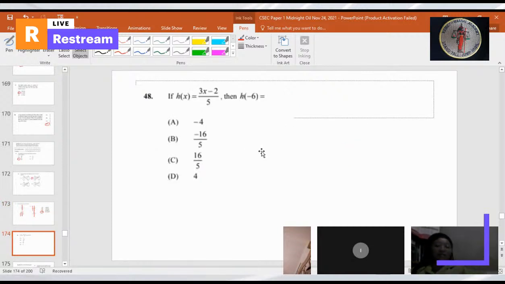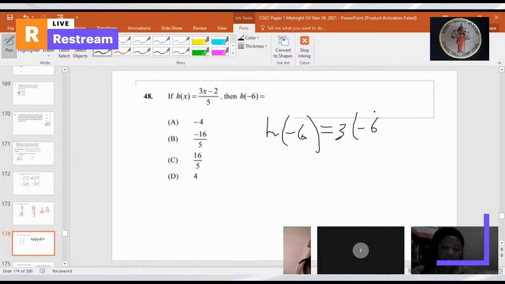Number 48, if h of x is equal to 3x minus 2 over 5, then what's h of negative 6? We're being asked to substitute negative 6 where we see x in the function. So h of negative 6 would be 3 times negative 6, minus 2, over 5. 3 times negative 6 is negative 18.